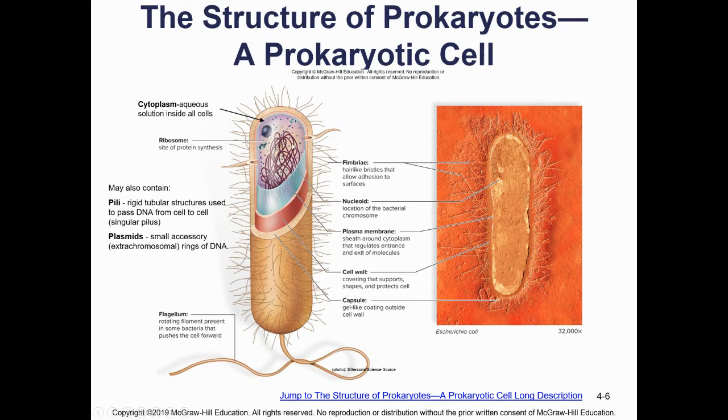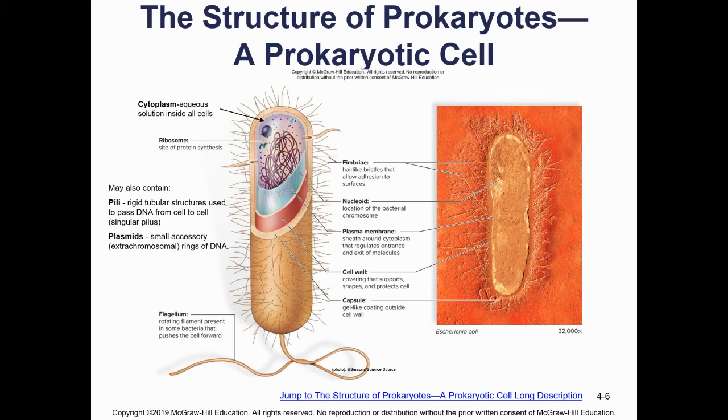This is what they need to function. Plasmids are these little accessory or extra chromosomal rings of DNA. It's like bonus DNA. They don't need it to survive. It's not instructions that are essential for the organism to live, but it usually confers some sort of benefit, so they keep it around. And then they might make copies to share with other bacteria.